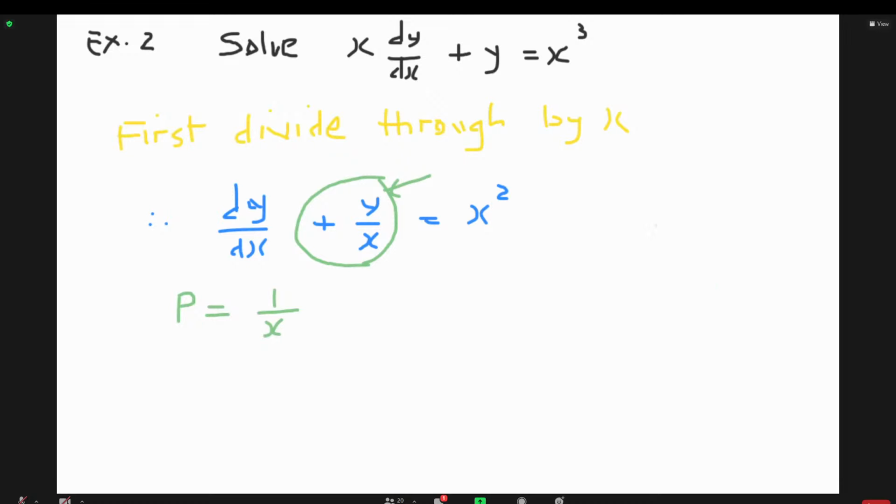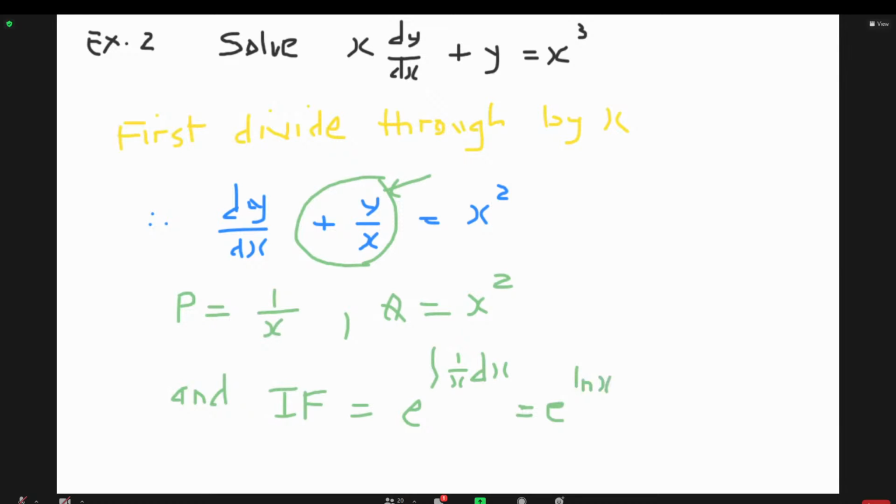Q is equal to x squared. The integrating factor is equal to e to the integral of 1 on x dx, which is equal to e to the ln x, since the integral of 1 on x is ln x.